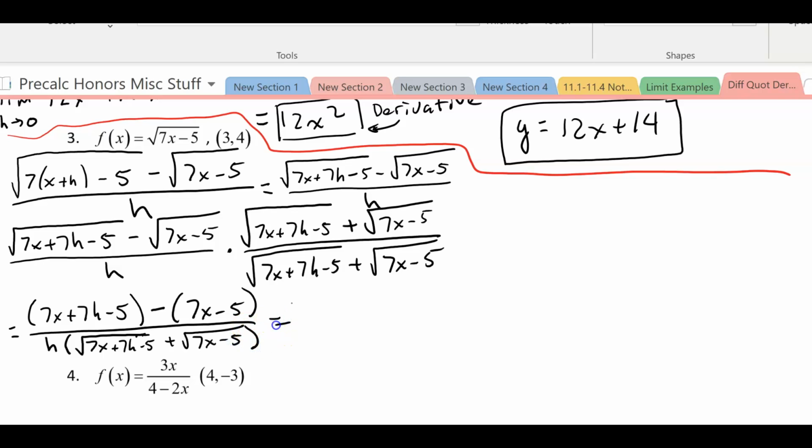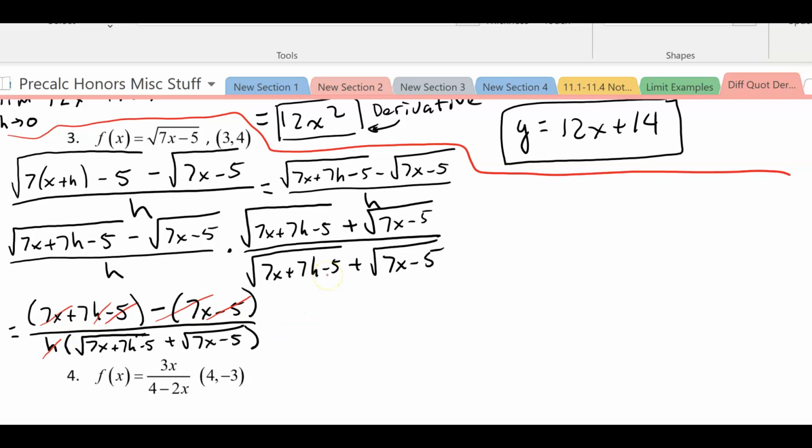Alright, so let's do a little simplifying. This 7x and this 7x cancel, and this 5 and this 5 cancel. So we're left with 7h over h times all that, so these h's cancel.